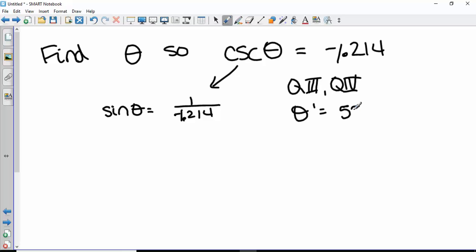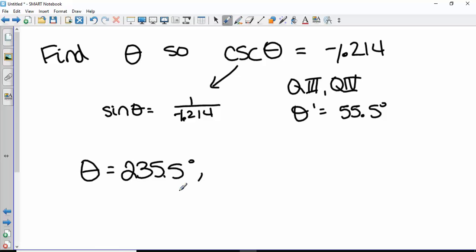So we get a reference angle of 55, let's just go to the nearest tenth, 55.5 degrees. So to find our actual angle, to put that in quadrant 3, you do 180 plus 55.5. That gives you 235.5.